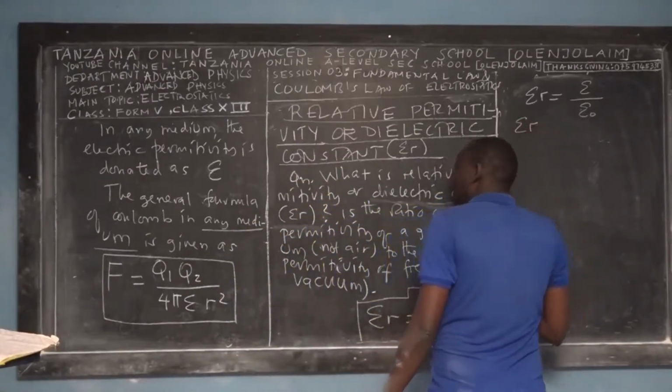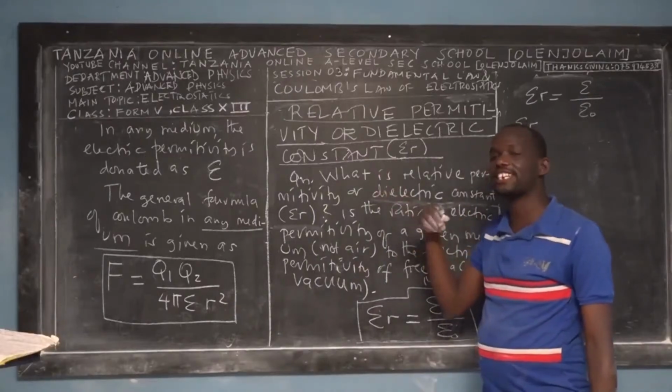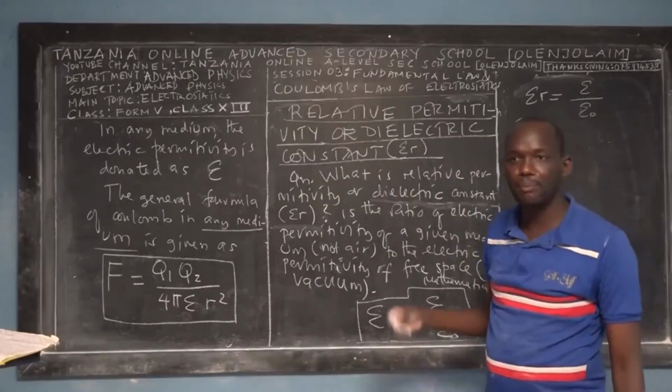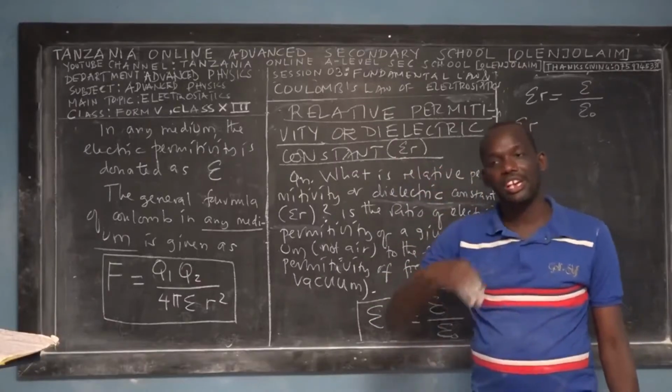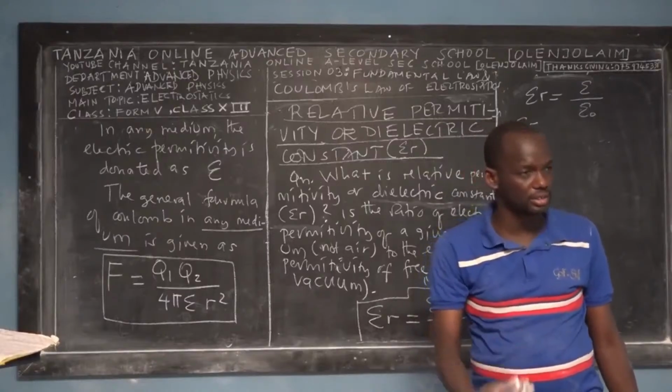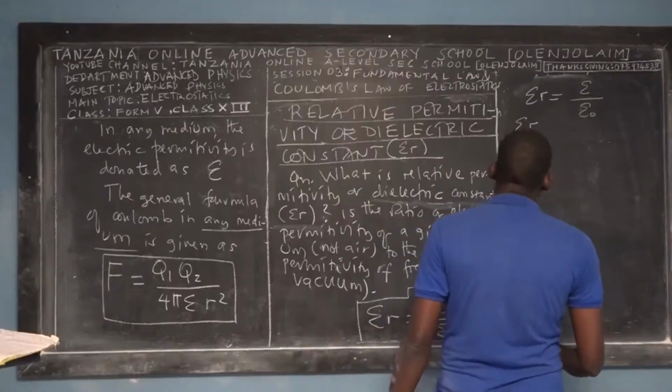In electrostatics, in electricity, we engineers just call it the electric constant. Very important, and we have the electric materials. We are going to discuss this concept in detail in the last topic, capacitance, and we'll show you some example problems.